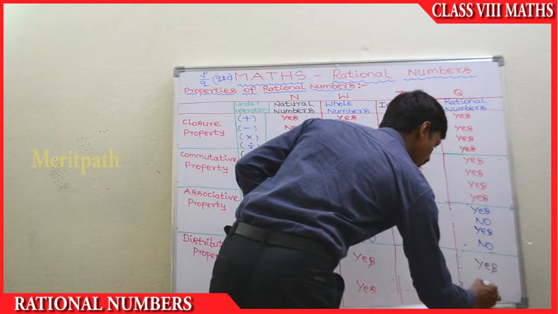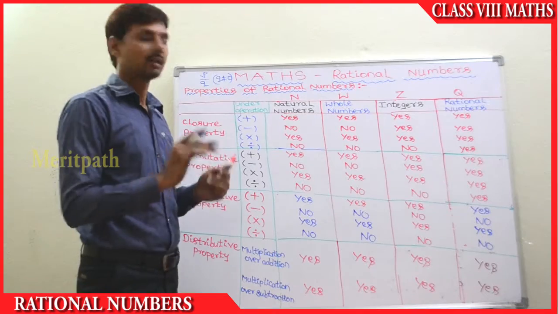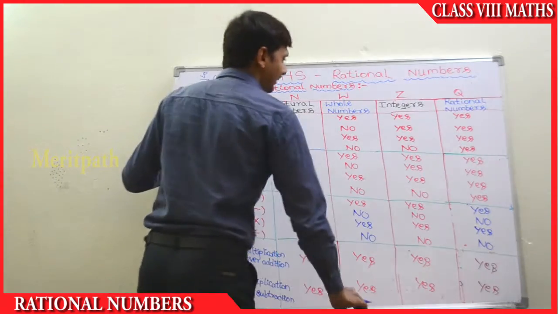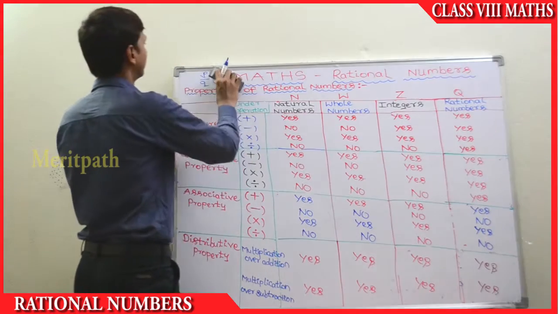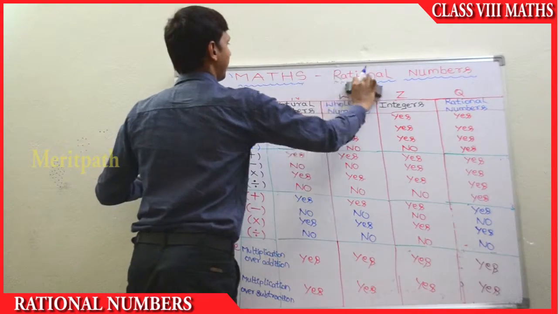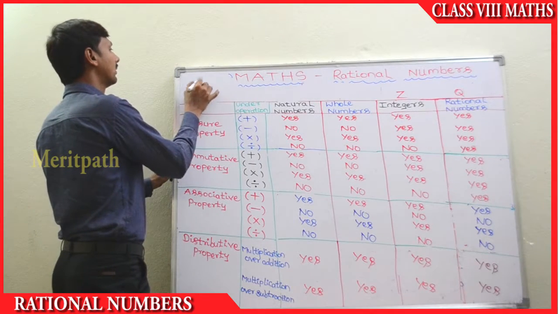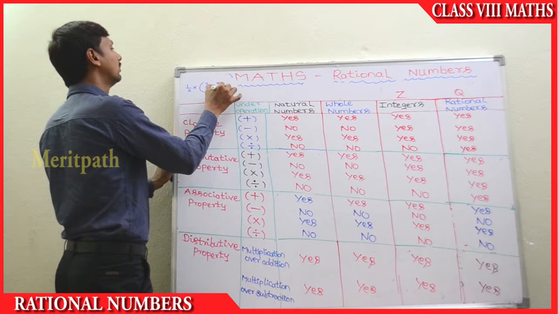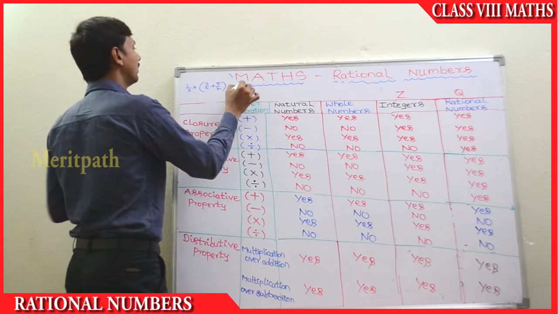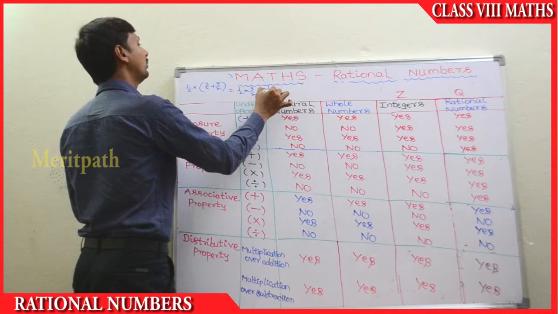Subtraction, as we know, is possible too. Let's take an example, multiplication over addition: 1 by 2 into 3 by 2 plus 5 by 2 is equal to 1 by 2 into 3 by 2 plus 1 by 2 into 5 by 2.